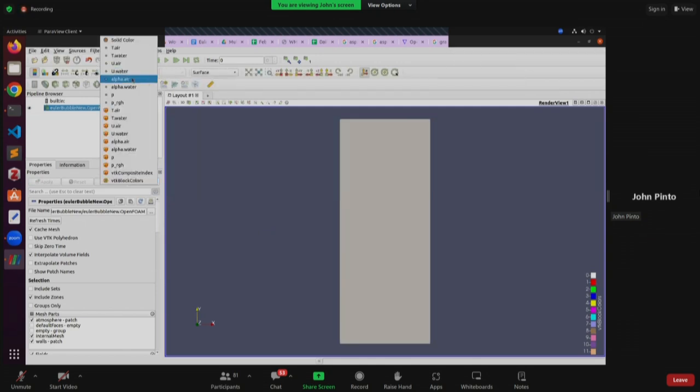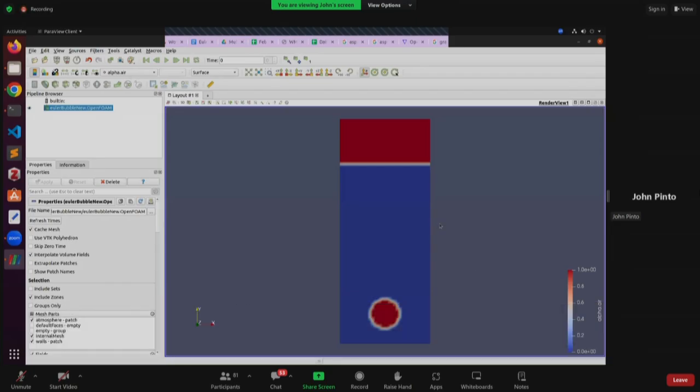Now if I open alpha.air, you can see the region on top is air, the region in blue is water, and the region over here is again air. This is how we have set it.